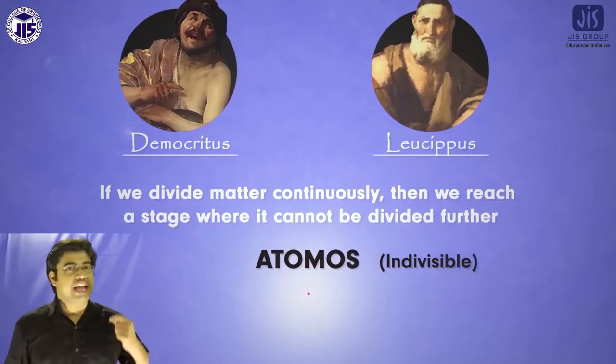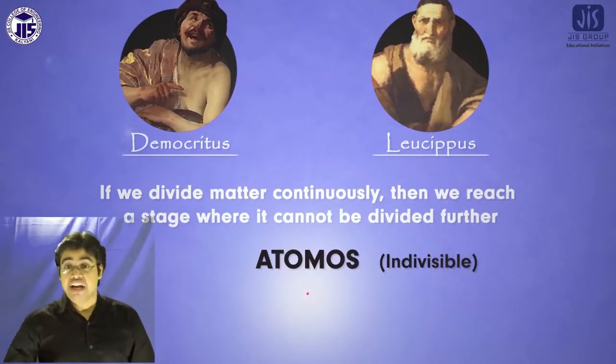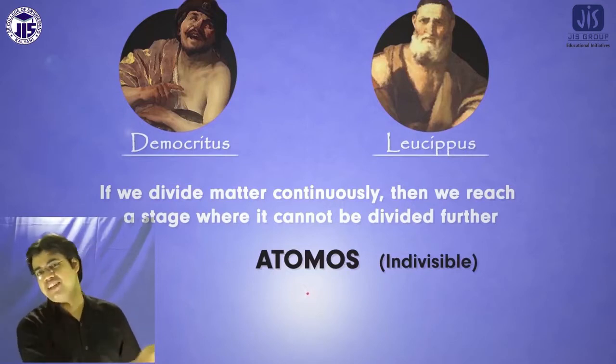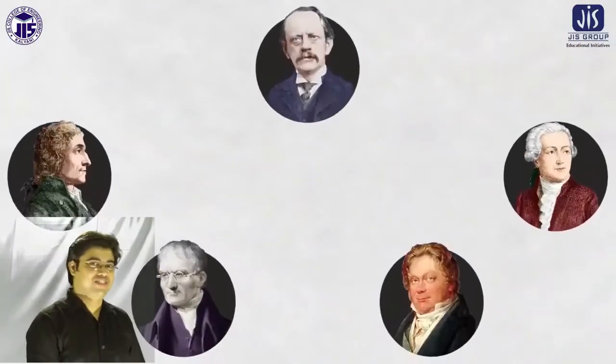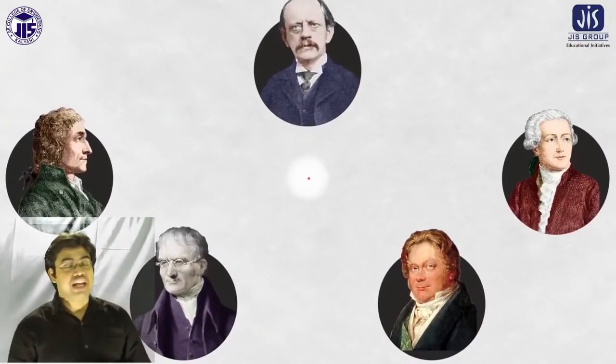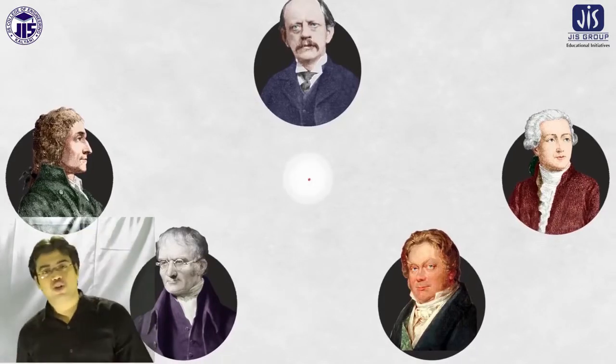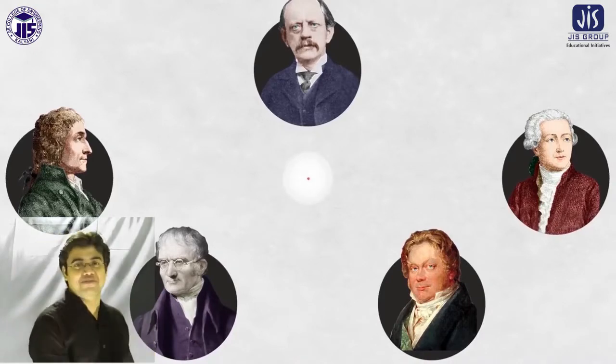Democritus first introduced the concept of the atom. Democritus named those small particles atoms. Atom means individual. Then at the end of the 18th century, many scientists came to the field and introduced different kinds of concepts of the atom.